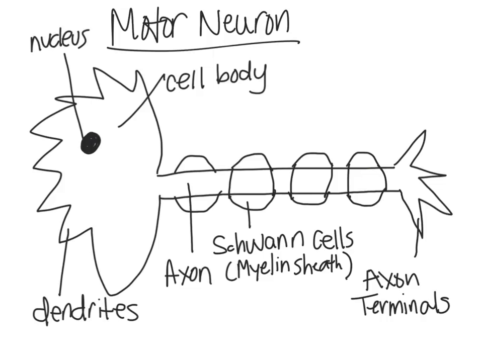Now, you're going to notice that there are small gaps in between these. These gaps are what we call the nodes of Ranvier. We're going to notice that some specialized things happen in these nodes later on when we get to how these motor neurons actually work.